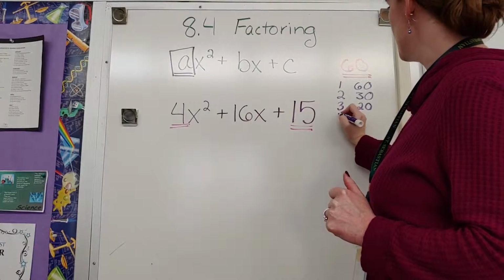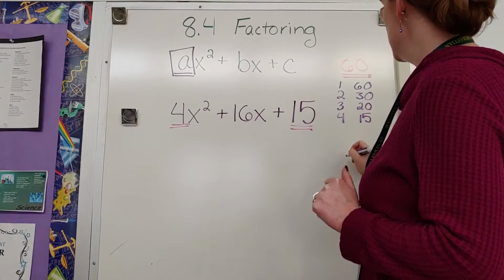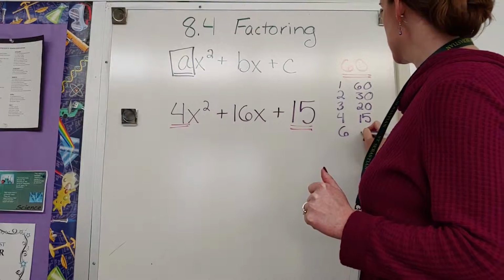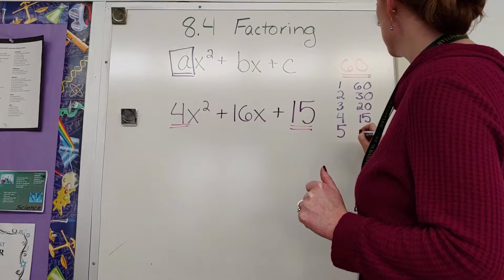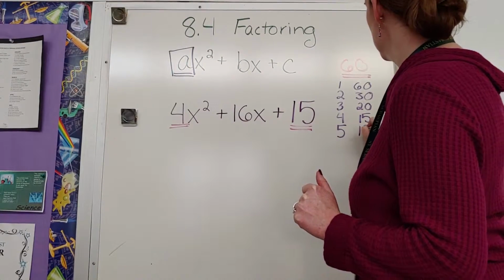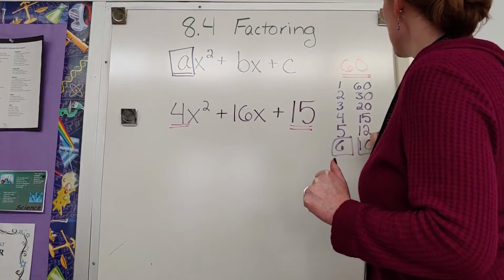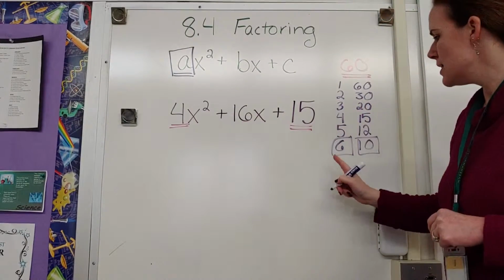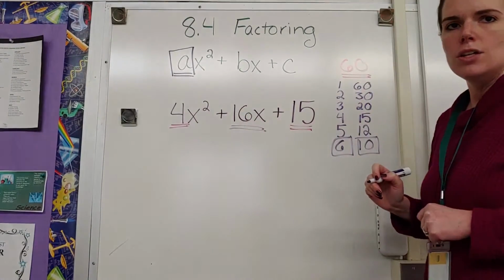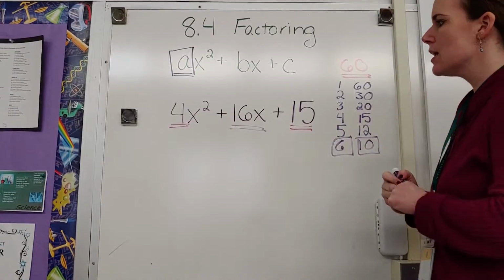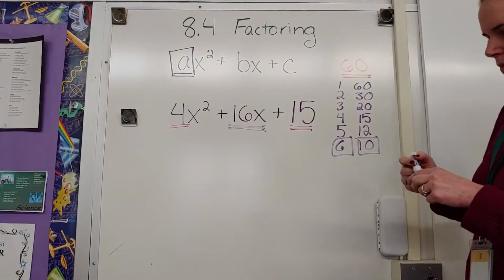I have 4 and 15. Oh wait, I have 5 and 12. And then the number it's going to end up being is 6 and 10. So 6 and 10, out of all those factors of 60, these are the two that when I add them together, give me 16.